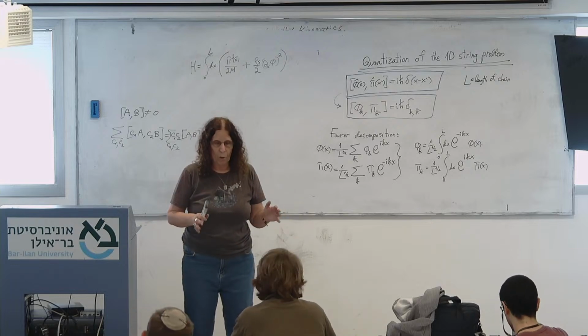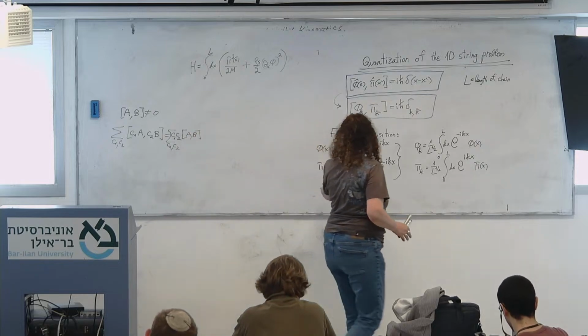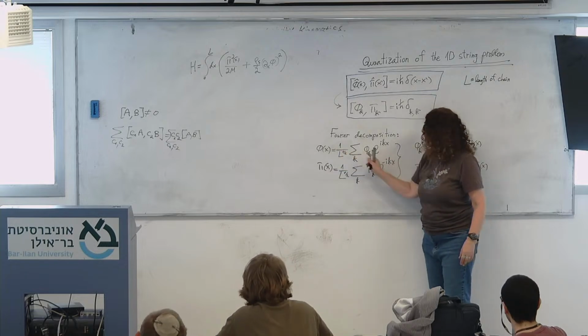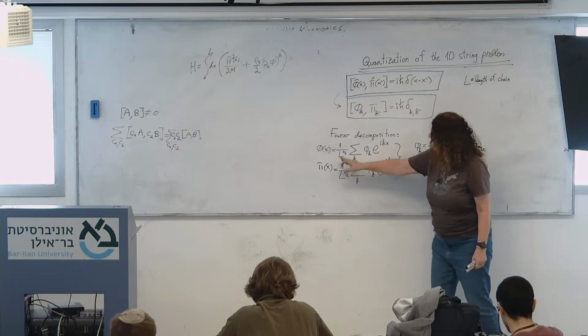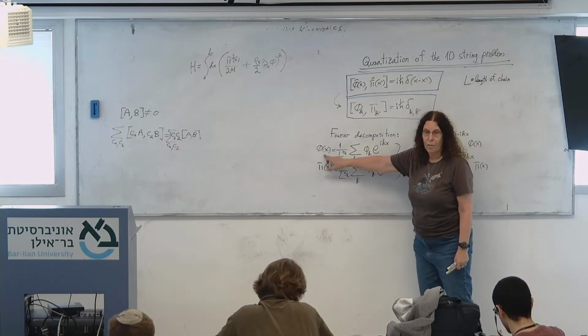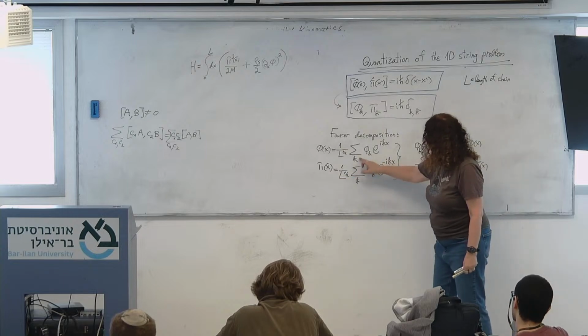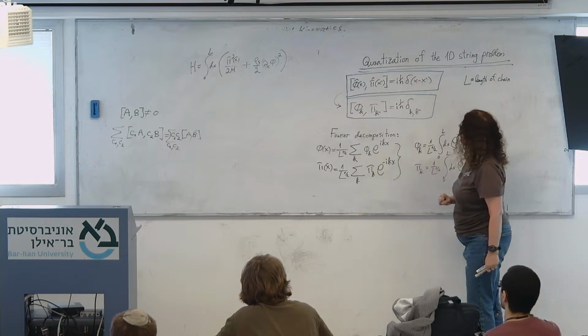Please do the algebra yourself. The algebra is very simple. Just take these expressions and use the direct Fourier decomposition. Just plug in phi of x and pi of x and denote the sum by k prime, and then you'll get, okay?